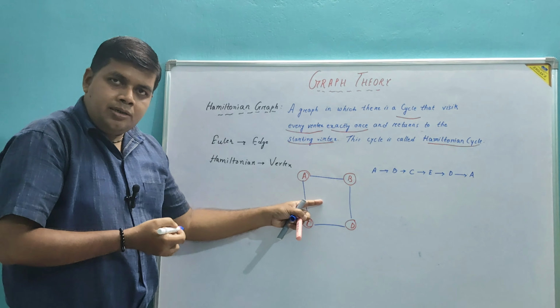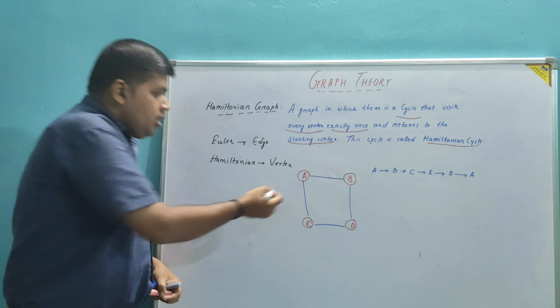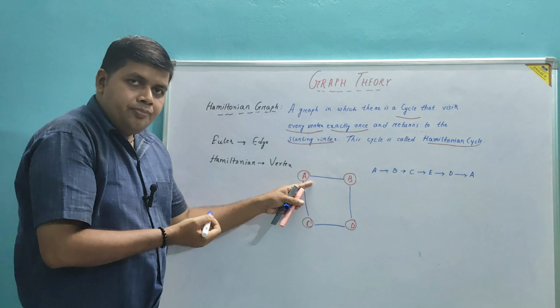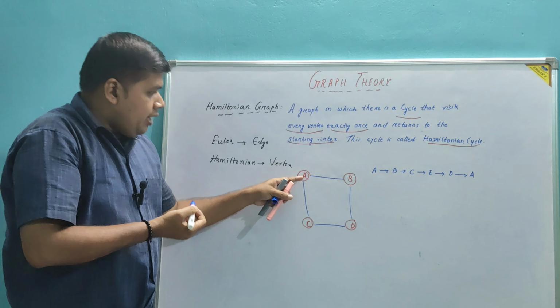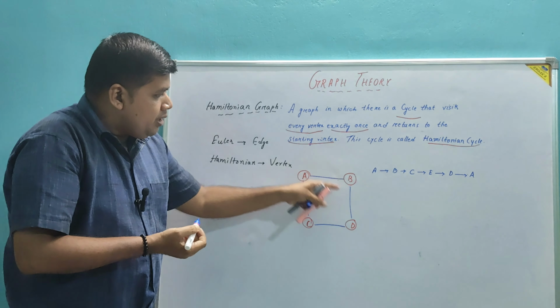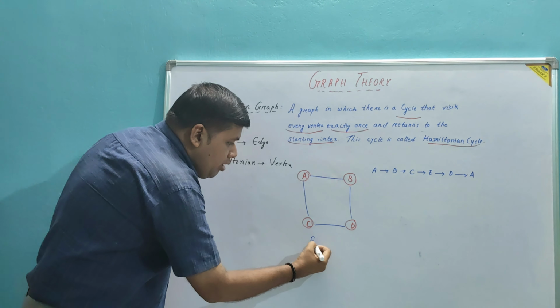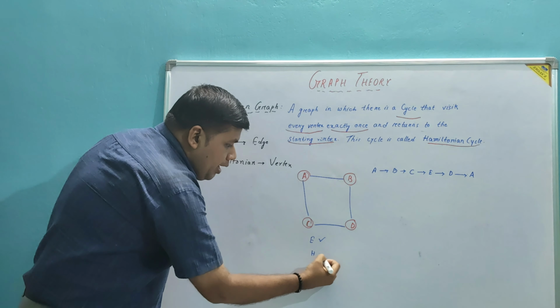So is it Euler? Yes, it is Eulerian because every vertex is having degree 2. So A is having degree 2, B is having degree 2, C is having degree 2, D is also having degree 2. It is both Eulerian as well as Hamiltonian.